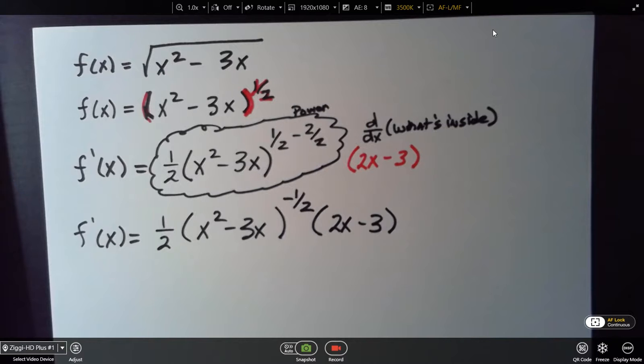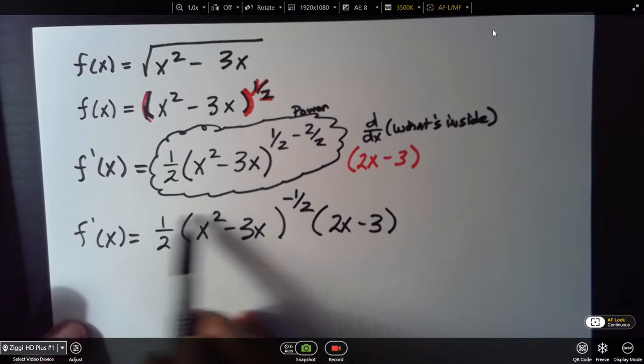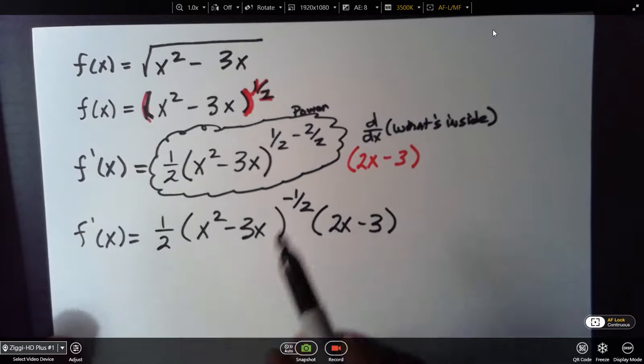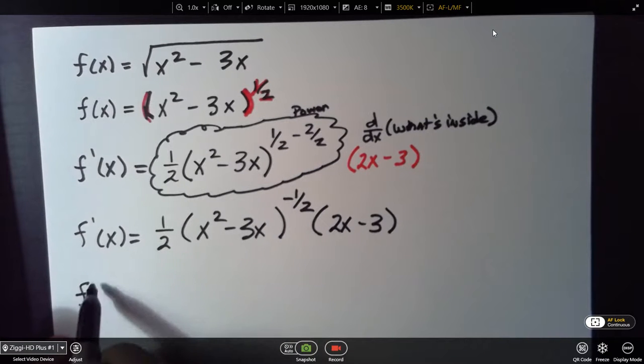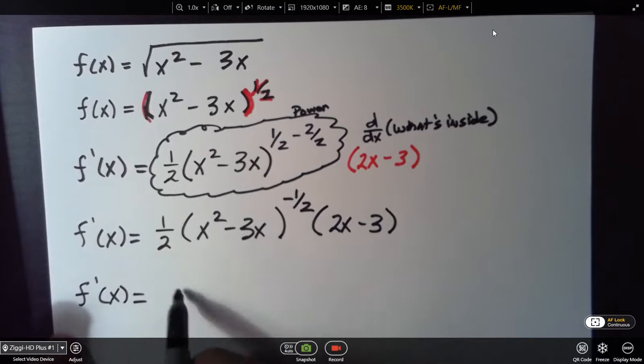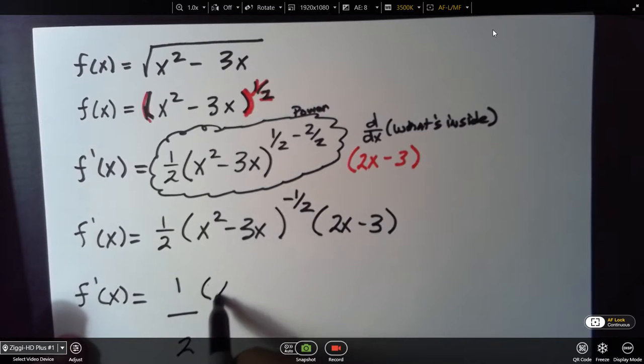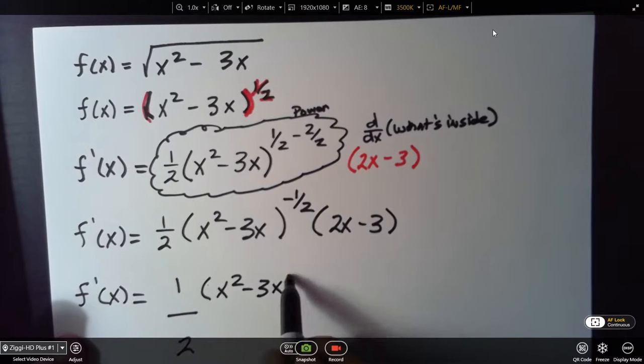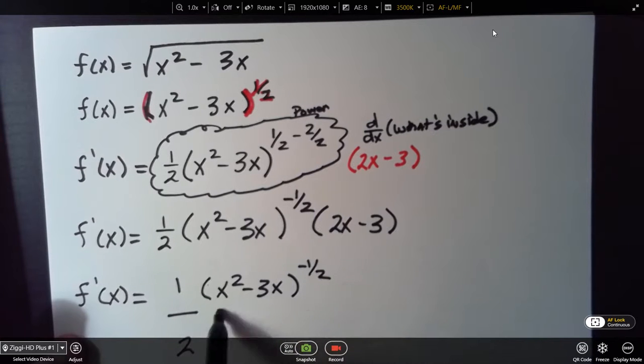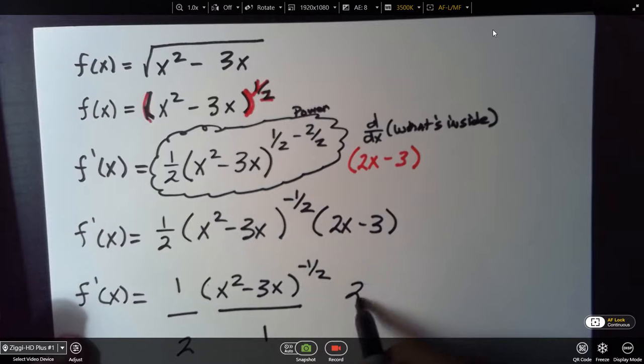And now about the only thing you can do is bring this all over 1. So I basically have f prime of x is equal to 1 over 2, and then this x squared minus 3x to the negative 1/2 is over 1, and then the 2x minus 3 is over 1.